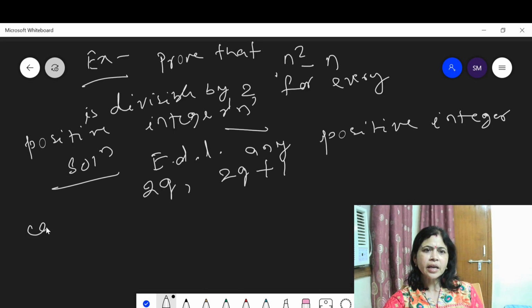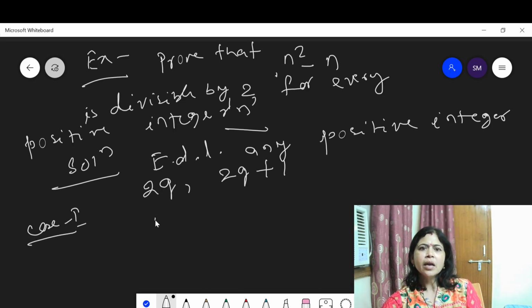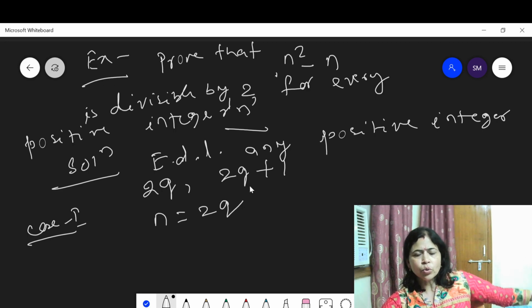Then take case 1. Case 1 means n is equal to 2q.